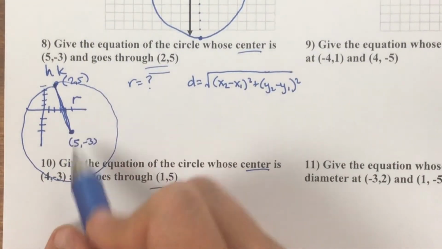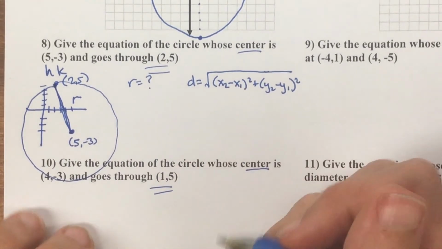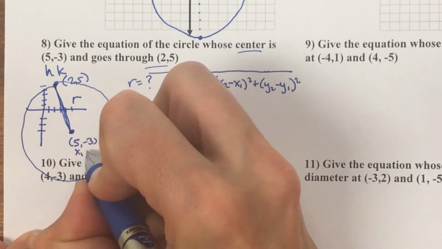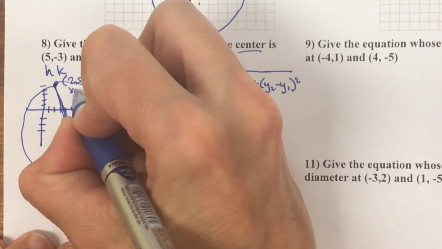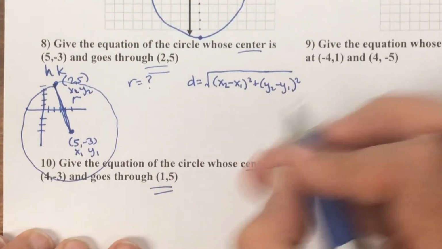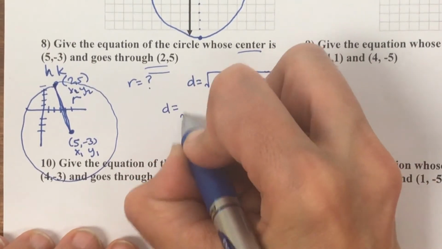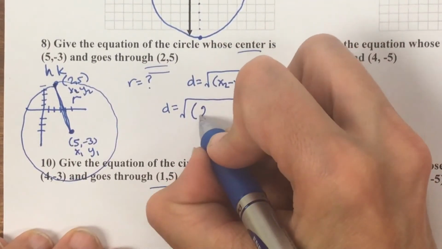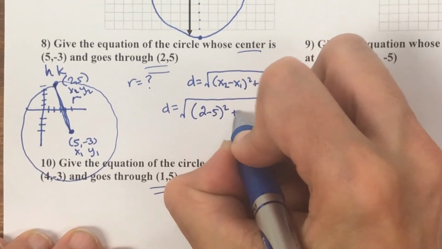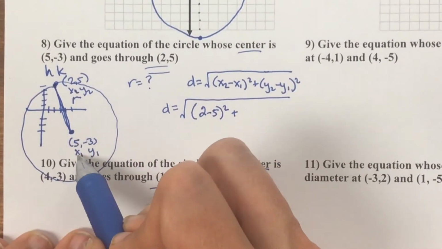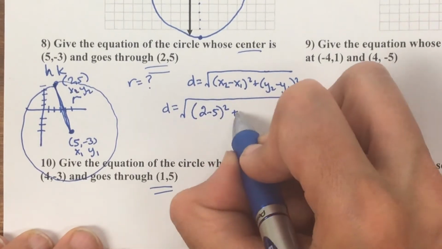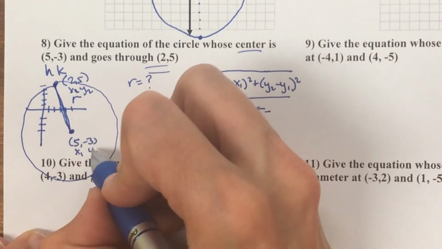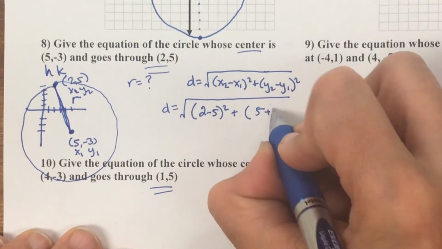It doesn't matter which one you call x1 and x2. Since I graphed this one first, I'll call this one x1 and y1, and this x2 and y2. So then my distance equation, when I plug in, x2 would be 2 minus 5 squared, this is x2 minus x1, plus y2 is 5 minus a negative 3, which would make it a plus 3 squared.